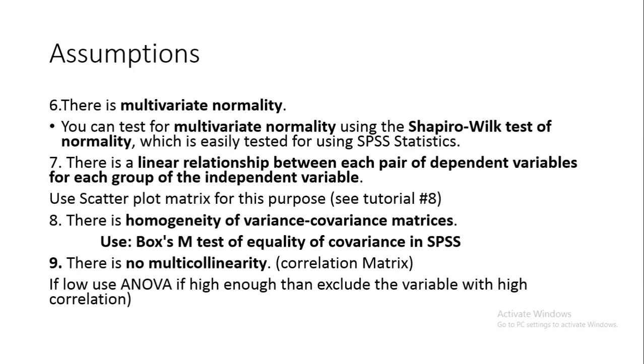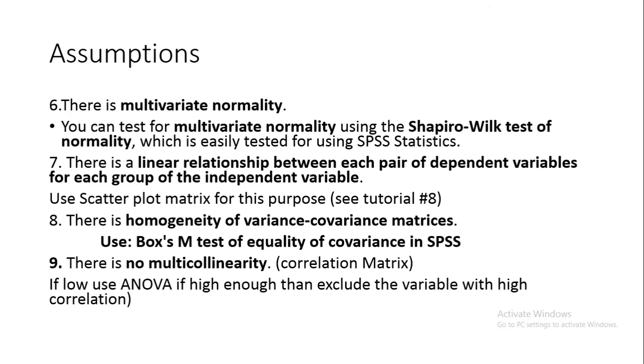There is homogeneity of variance-covariance matrices. The variance-covariance matrix should be the same for each group. You can use the Box's M test of equality of covariance in IBM SPSS. There is no multicollinearity, and you can check for multicollinearity using the correlation matrix.